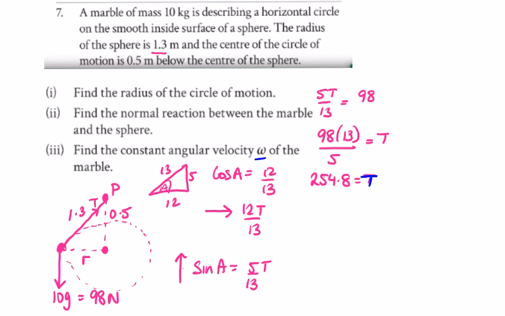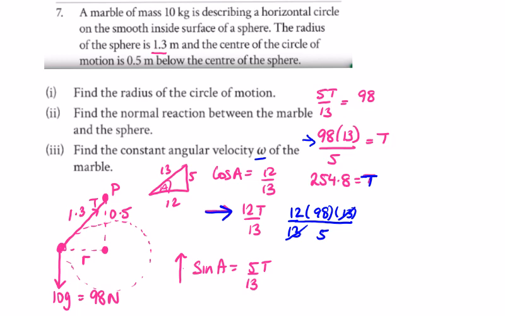So we have 12T over 13 going towards the center, centripetal force, 12 over 13 times T. Well, actually I can see a 13 here, I'm going to put it back in this format. So times T is 98 by 13 over 5, just to make it a bit easier.